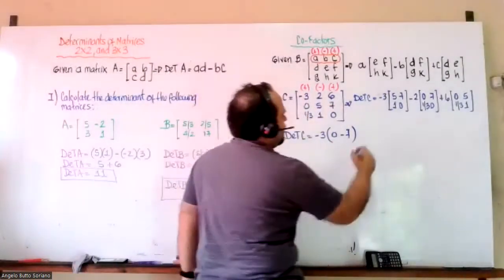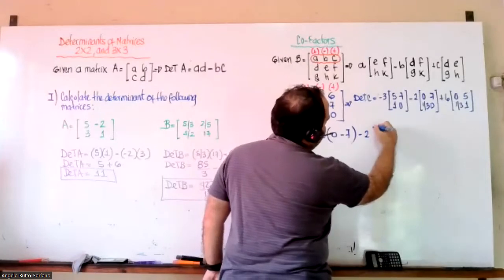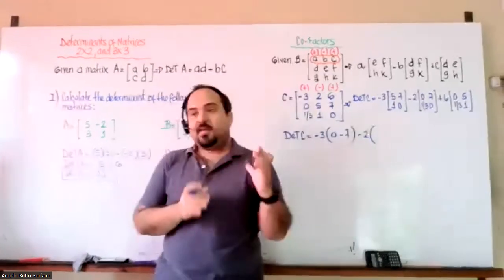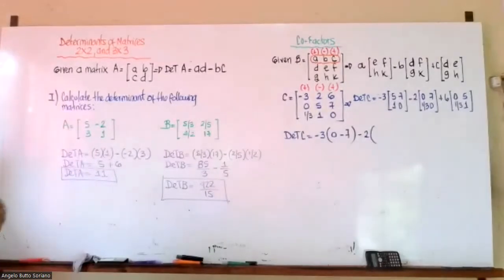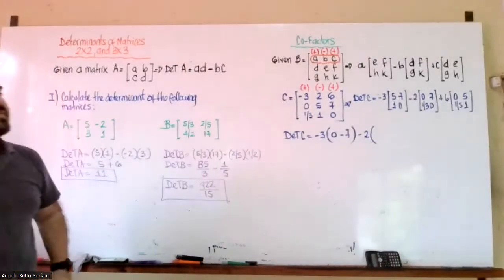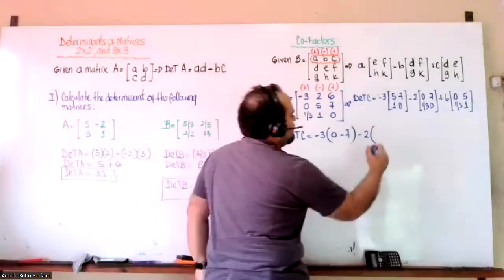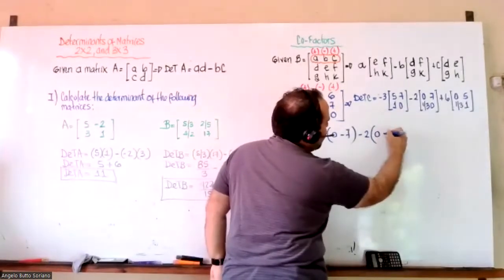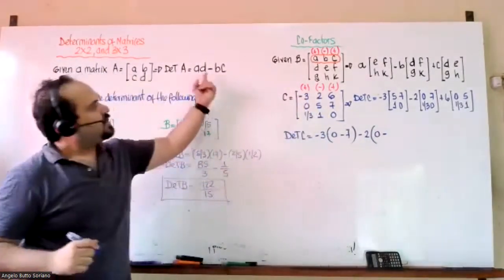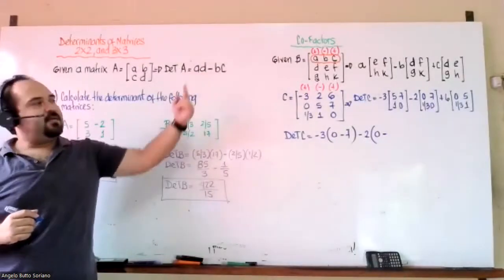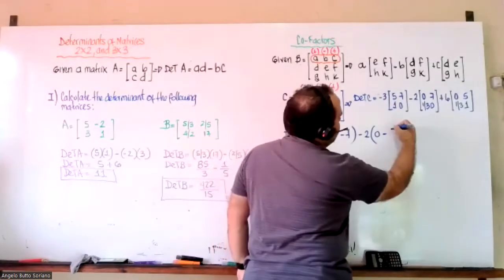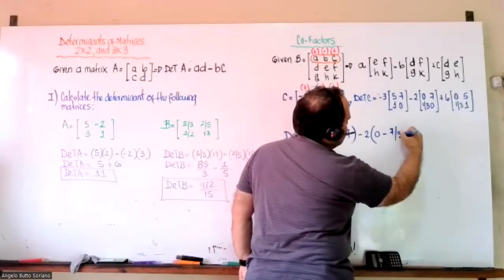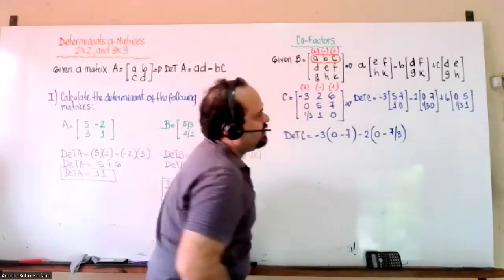The second part, -2, open parentheses again. For the 2 times 2 matrix, it will be the cross multiplication difference. 0 times 0 will be 0. Minus, why minus? Once again, because of the formula, 7 times 1/3 will be 7/3.